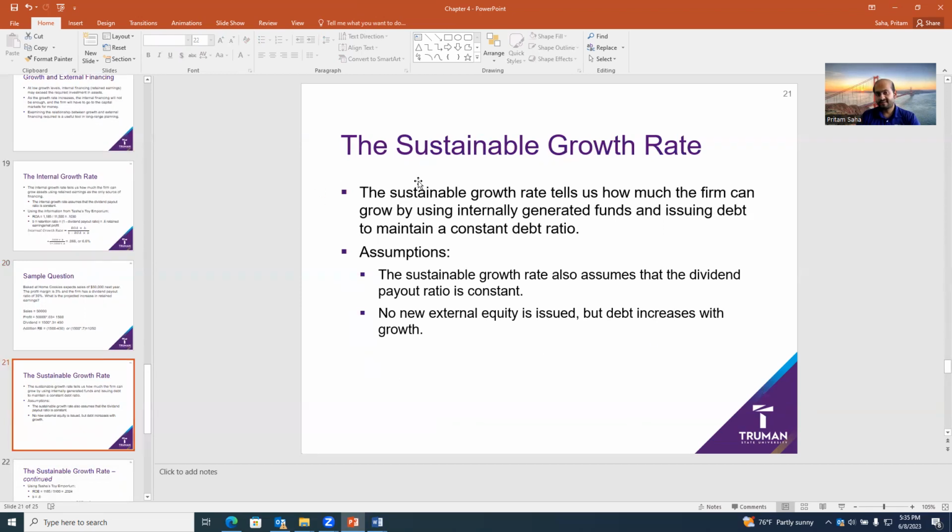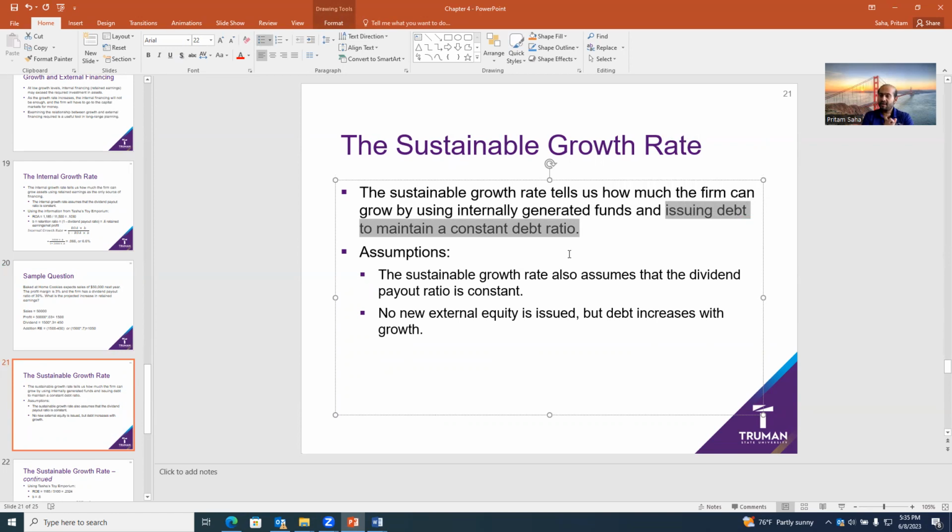Second type of growth rate: sustainable growth rate. It tells you, by using internally generated funds and only issuing debt, how much growth you can generate. Let's say we generated some profit, we paid some dividend, and kept some within the firm.